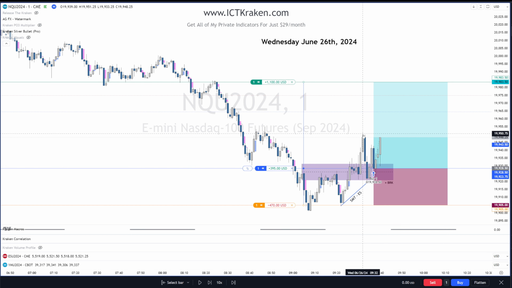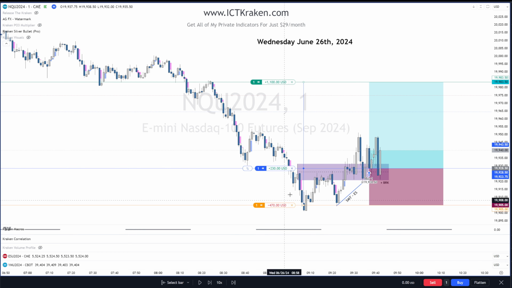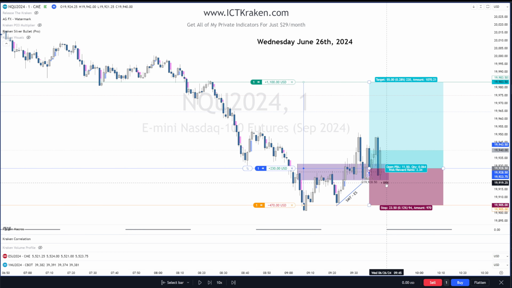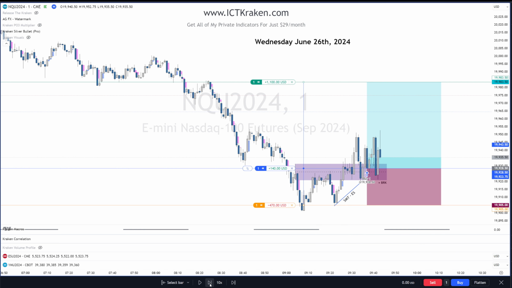I wanted to clear this. Feels good about it. Clears that. No, don't like that at all. See this choppiness? I don't like that. I'm not a fan of it at all. Alright, that makes that a breaker block right there.